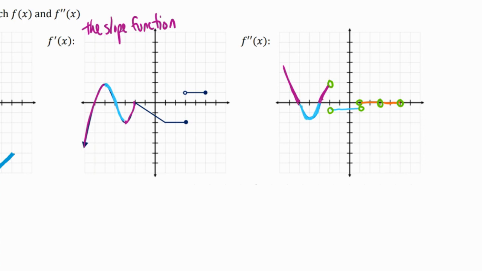At corners and cusps and endpoints and discontinuities, I kind of drew holes on them. I shouldn't have done that. These points do exist on f prime, but they do not exist on f double prime, the derivative. So if you have a corner or a cusp or a discontinuity of any kind, then you're going to have a hole.